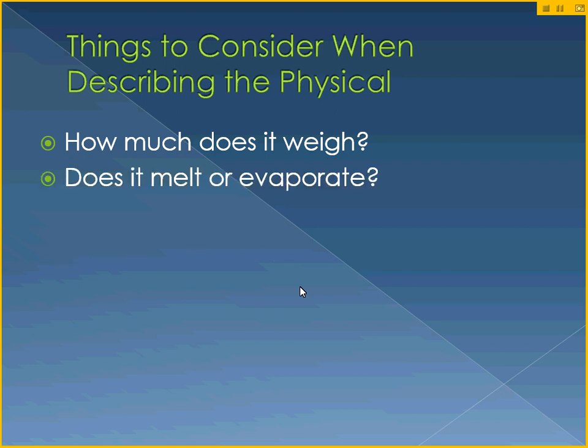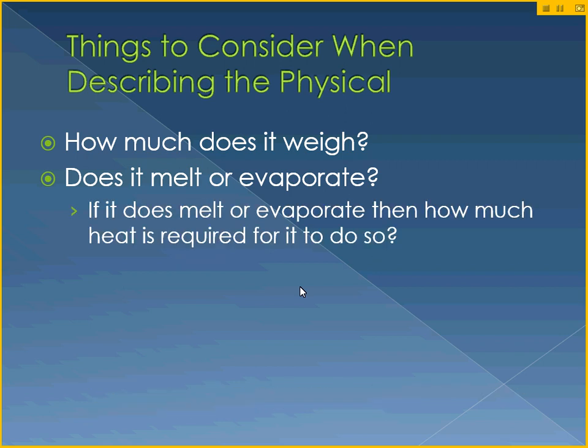Does it melt or does it evaporate? There's one product we have in our clinic here at CCBC that has such an incredibly high vaporization rate that when you put this product on your tray, in 15 or 20 minutes, it will have completely evaporated. So that has a lot of significance when we're talking about timing of using materials.